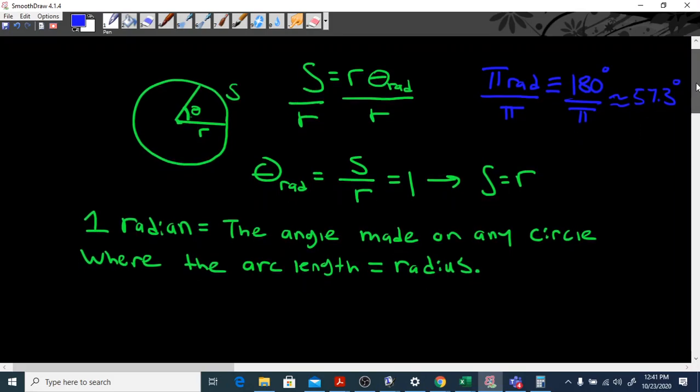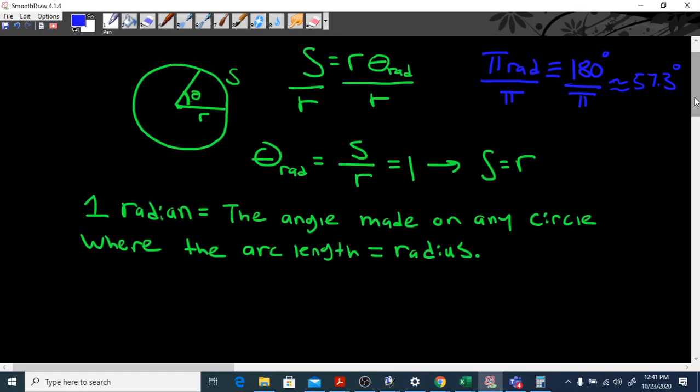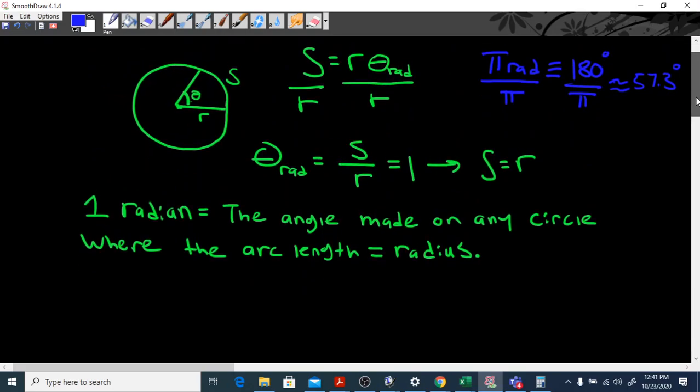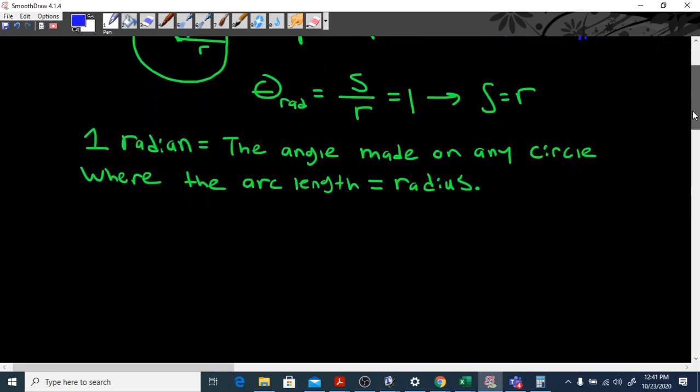Okay, so let's use this information to solve a problem. Before we do the problem, we do need a little bit of background. Let's look at 2 triangles. There are 2 special right triangles.